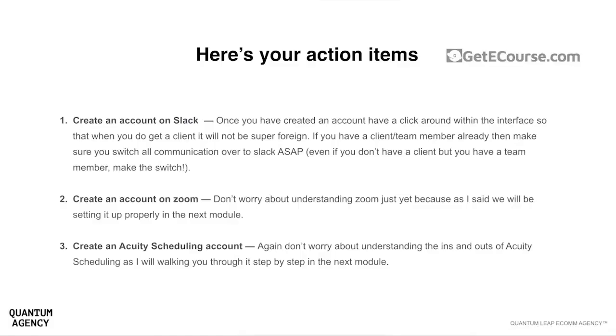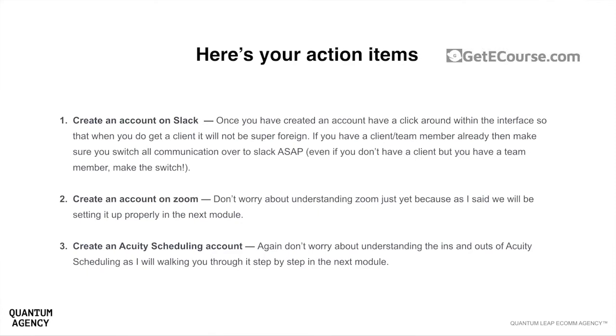So let's jump back into the slides real quick. So as I say, here are your action items. So first things first, what I want you to do is go ahead and create an account on Slack. So once you've created an account on Slack, have a click around within the interface so that when you do get a client, it won't be super foreign. It won't be foreign at all because you know the interface and whatnot.